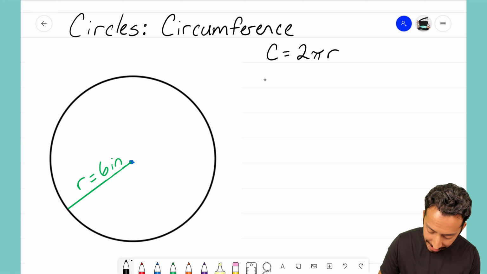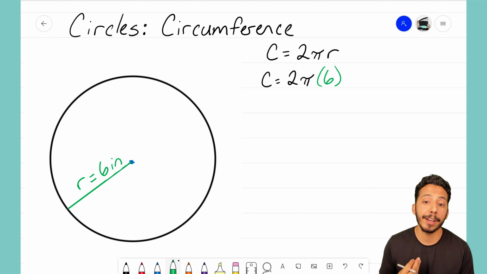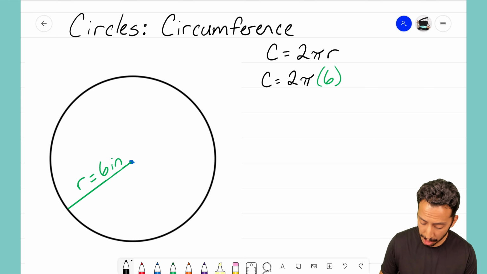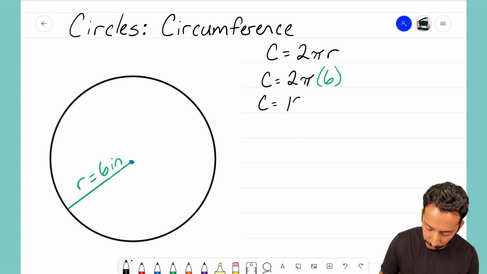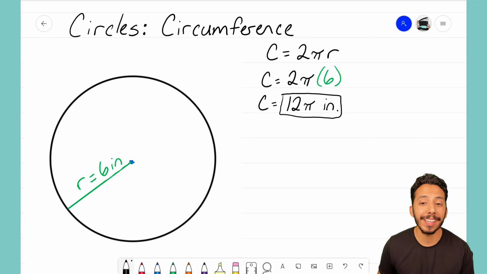So I'll just take that formula and substitute in 6 for my r. Once that's in there, I see that there are two numbers I can multiply. 2 times 6 is going to make 12. I still have the pi there, and that's going to be 12 pi inches. And I'm actually going to stop right there.